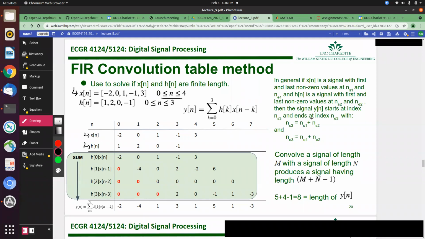Then you write in the next row the values of H. H has values 1, 2, 0, and -1. So we put them all in corresponding columns. Now, if they had arbitrary indices, we would just put the first value and then all the other values in a list there at the top. This row is sort of optional, and we'll find out on the next slide.